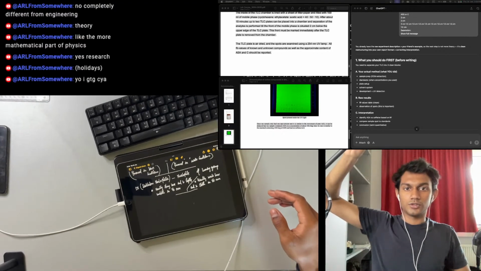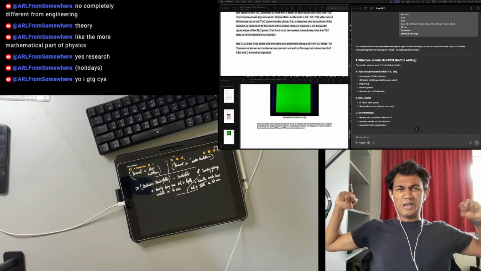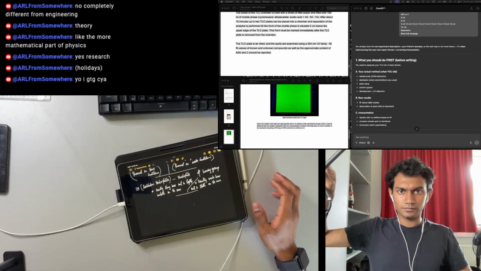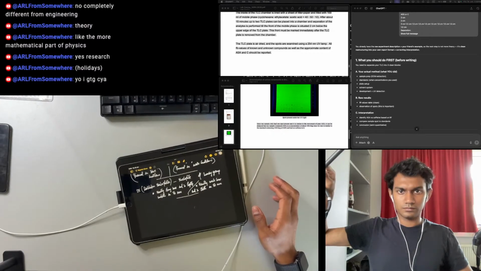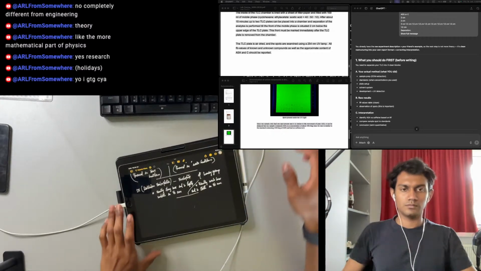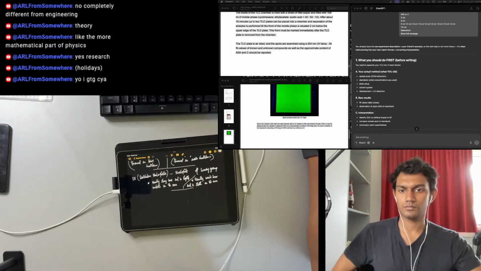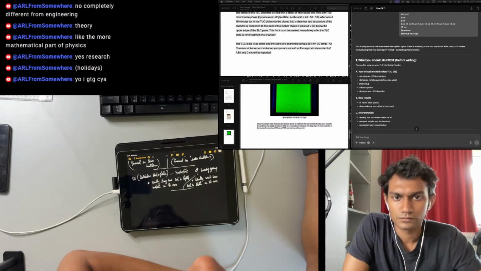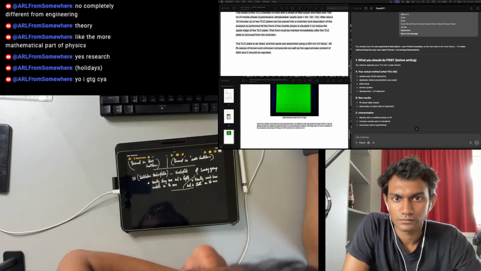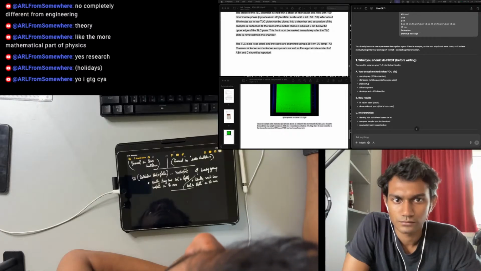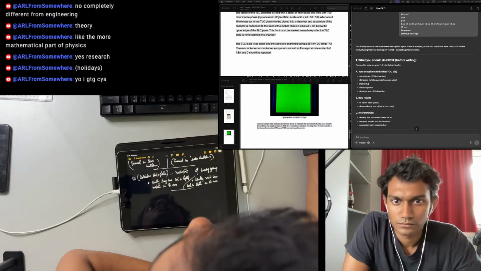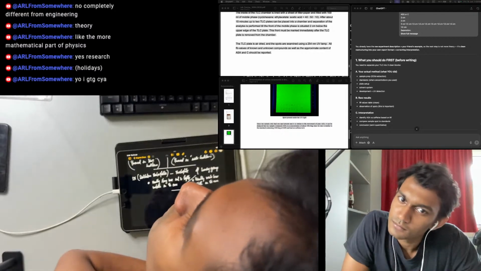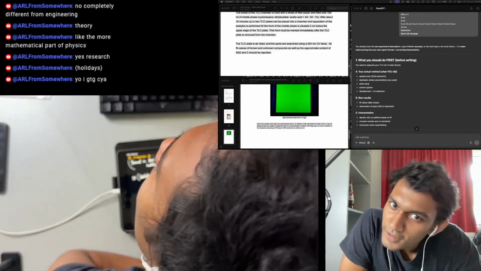Not too much. Is it aligned? Damn, the hairline.